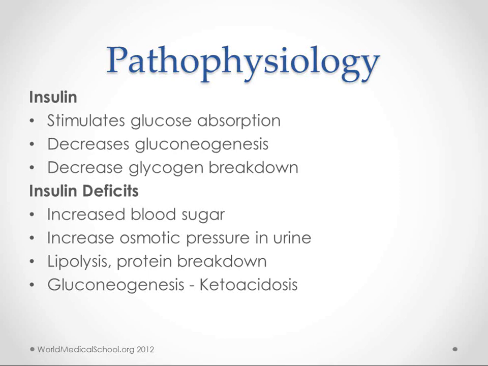So all of the effects, the signs and symptoms that we're going to talk about in a second, and all the damage that's done by diabetes, think about why it's happening in terms of this excess of sugar that's on hand, and also the lack of signal telling the cells to stop these other processes.